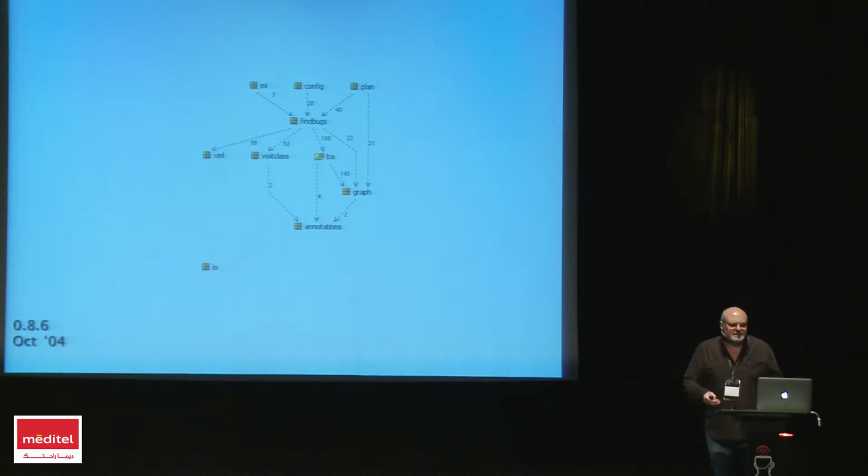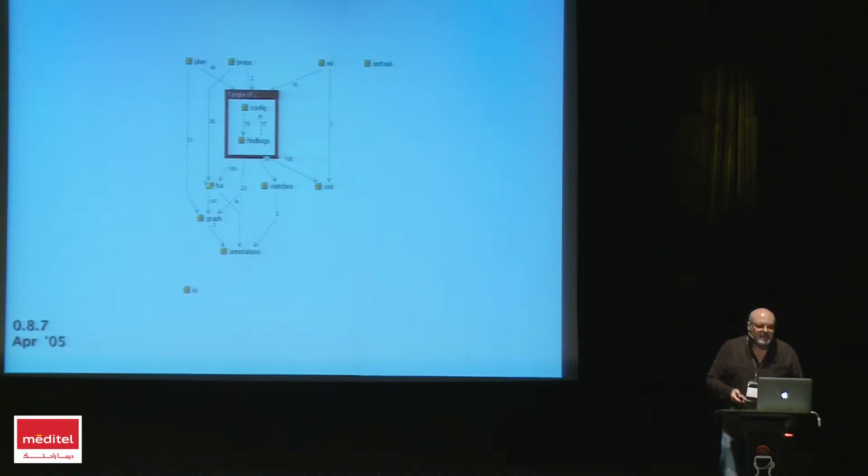If I wanted to add a new bug check of some sort, I could probably figure it out from here. FindBugs uses BA, guessing that's bug analysis. Bug analysis uses a graph model somehow of the code, probably within the syntax tree. Annotations is used as well, and graph uses the annotations. Okay, I can understand all that, that's good.